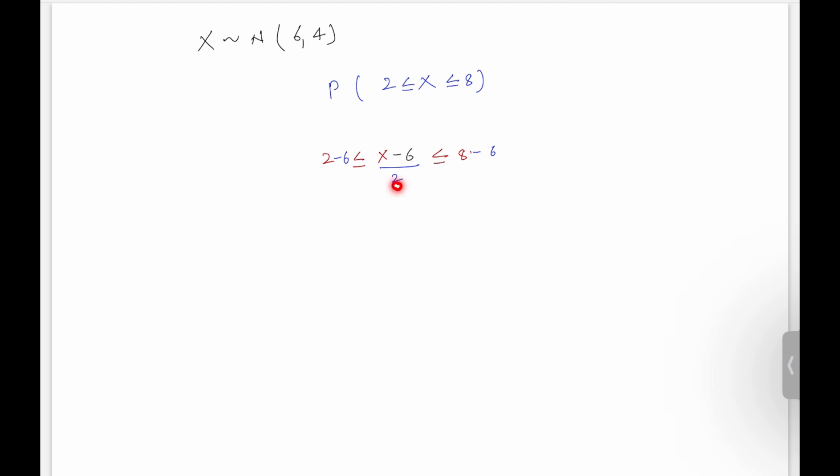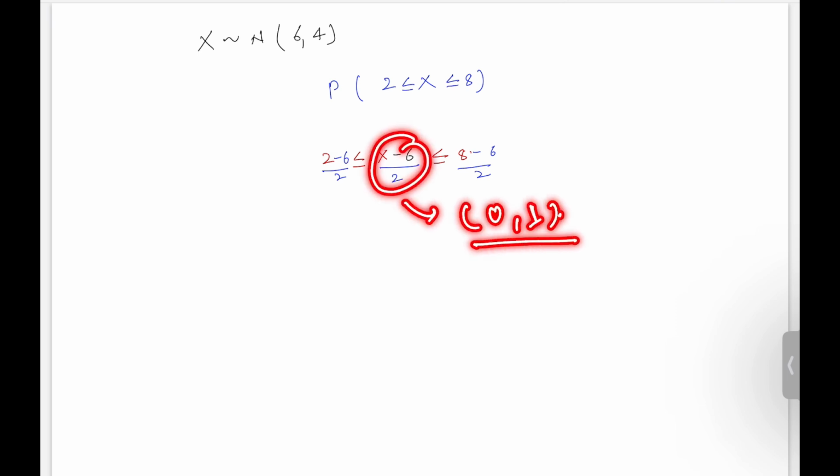How much we scale depends on the standard deviation, which is the square root of the variance, and we do this on both sides. Now this random variable, X minus 6 divided by 2, will have mean 0 and variance 1.